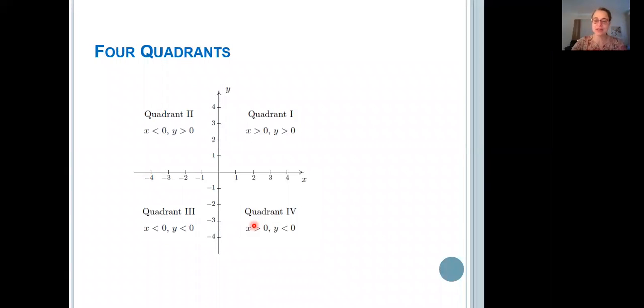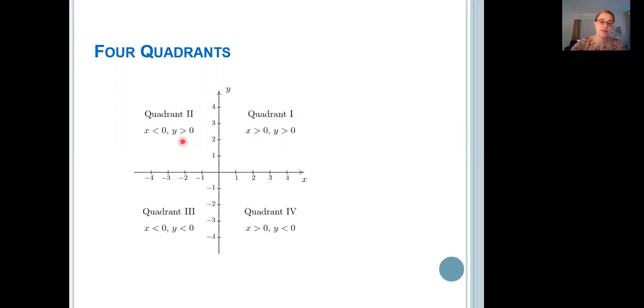Okay, we talk about quadrants over here, and we start in the positive x. If we start in the region where both x and y are positive, that's this upper right-hand corner. You might think of it as the northeast corner. This is quadrant 1. In quadrant 1, both x and y are greater than 0. Then we move counterclockwise, over here, to quadrant 2. Now notice what's happened here.